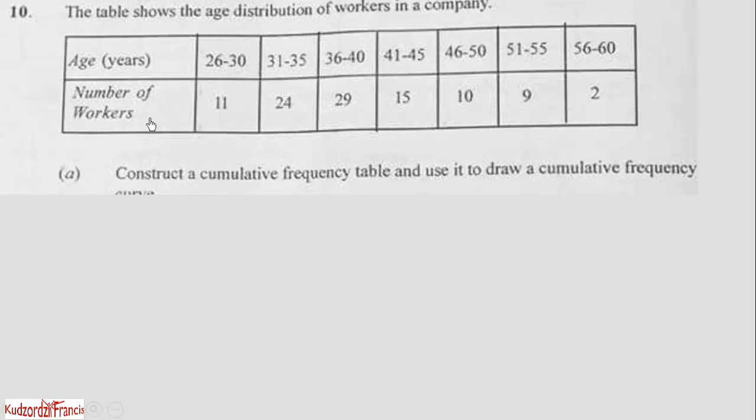Then we have the number of workers: 11, 24, 29, 15, 10, 9, and 2. Construct a cumulative frequency table and use it to draw a cumulative frequency curve.